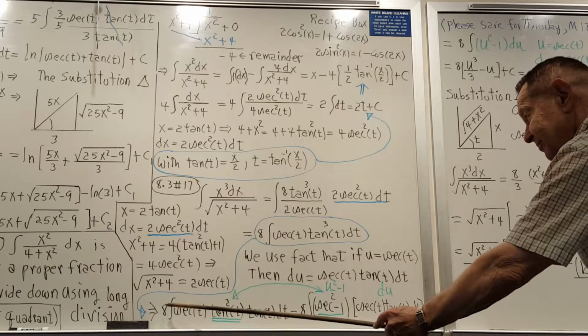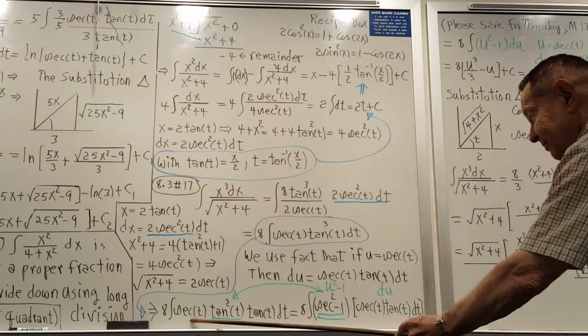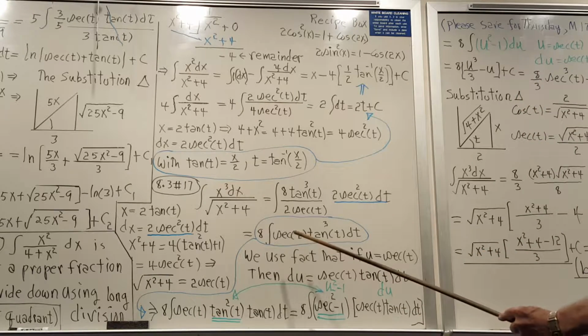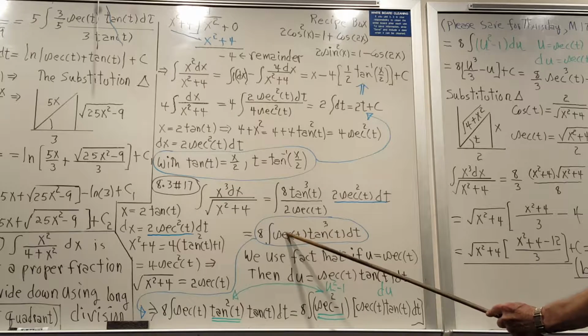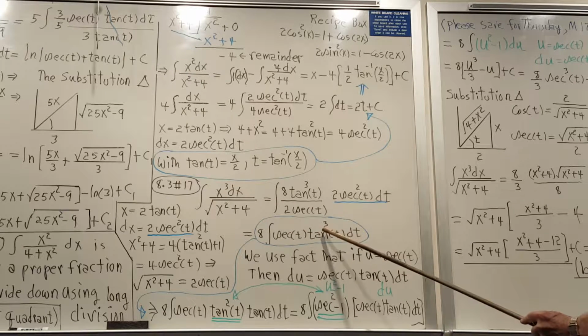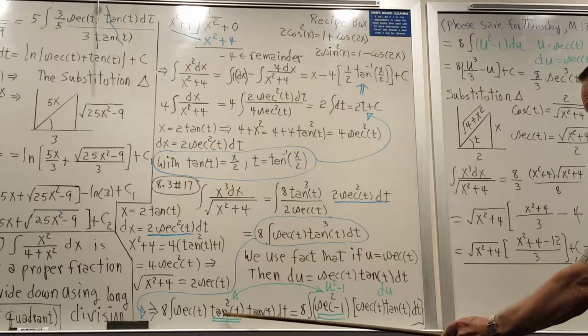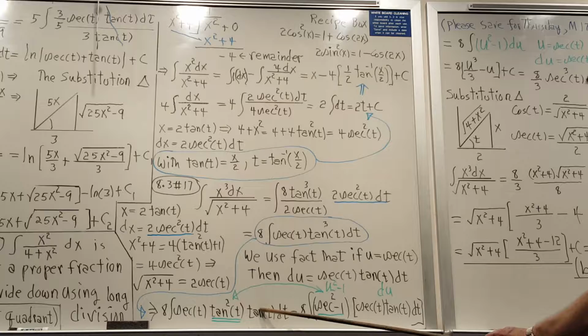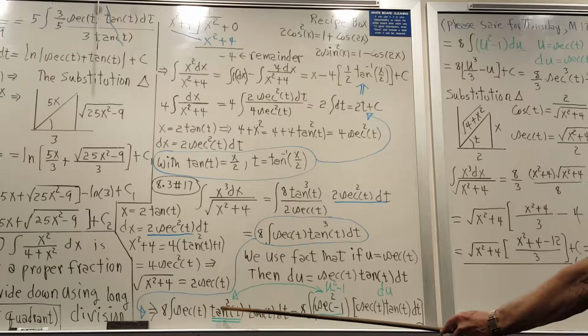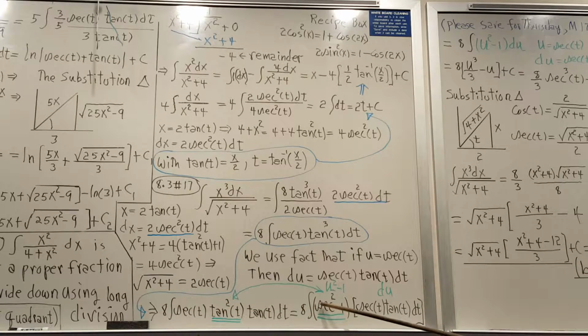And so I've come down here with it, and to do the secant tangent cubed, what I do is I factor the tangent cubed into tangent square and tangent. And then I replace the tangent square with secant square minus 1.